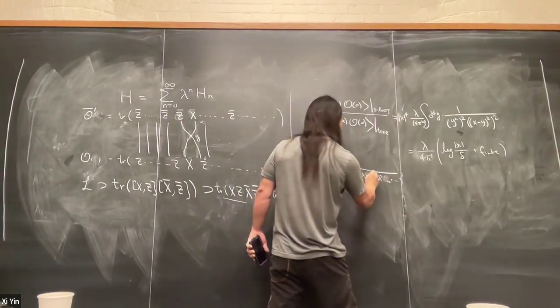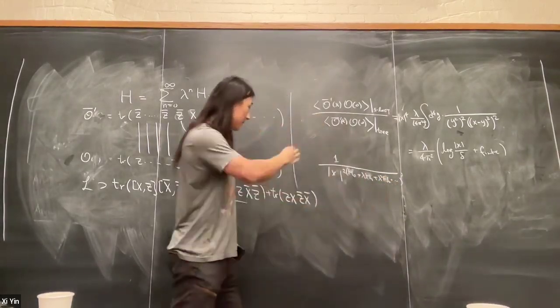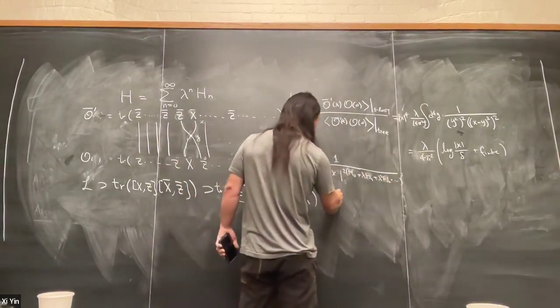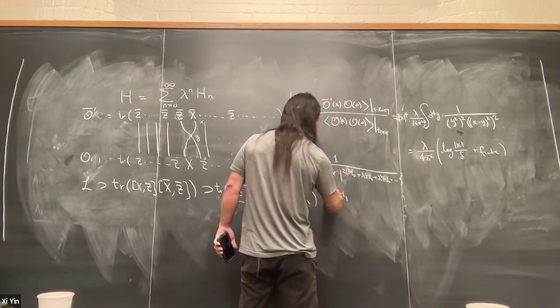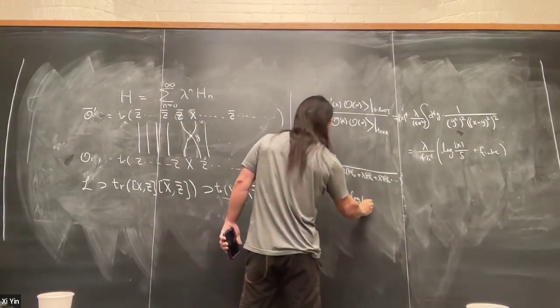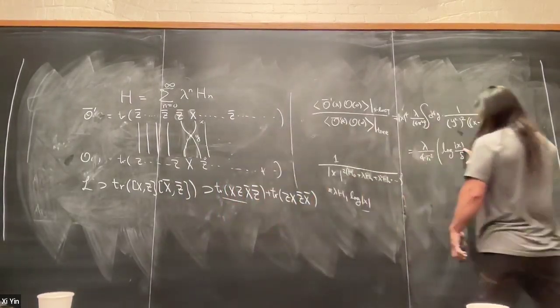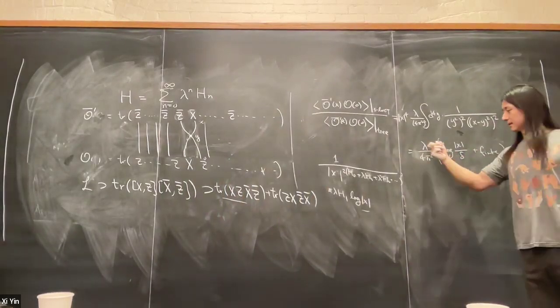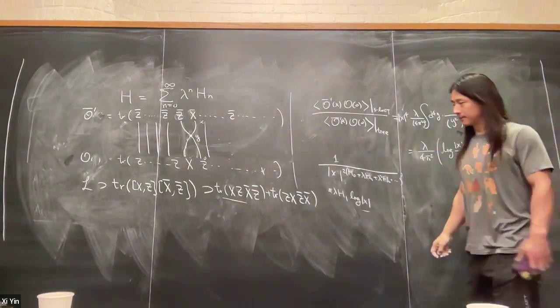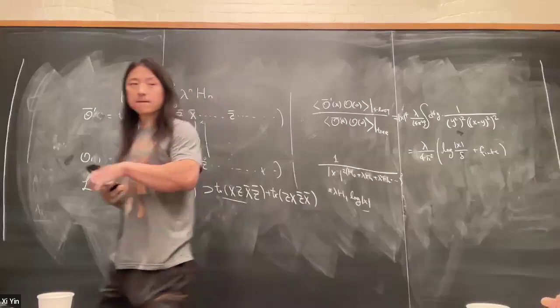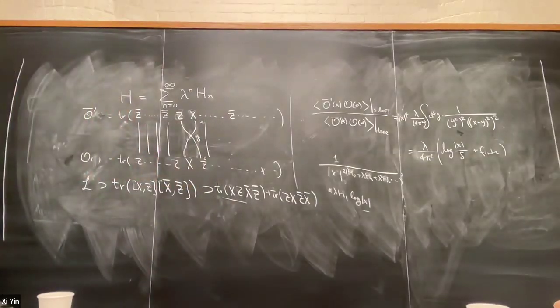So if I expand this out to first order, I'm going to get lambda h1 times the log of x. So we know that this logarithm in the spatial separation, the coefficient is proportional to h1. So that's a very simple calculation.